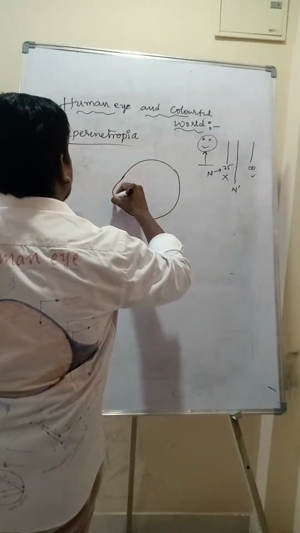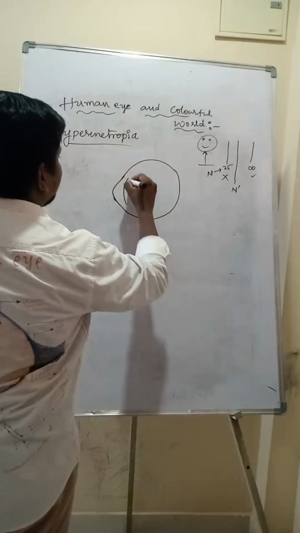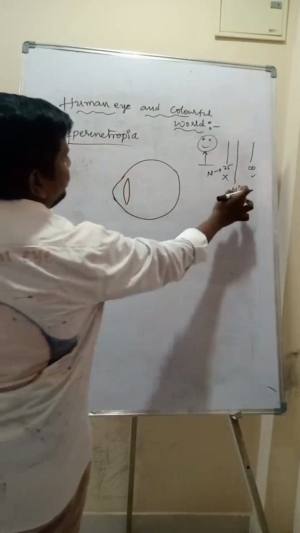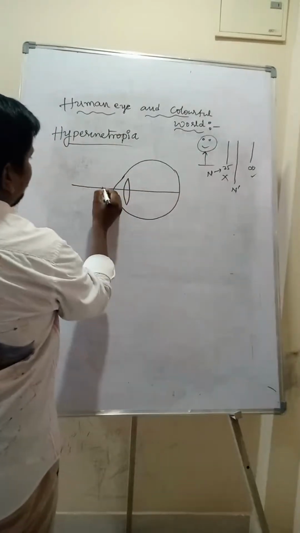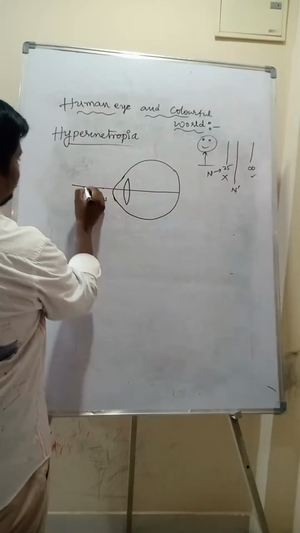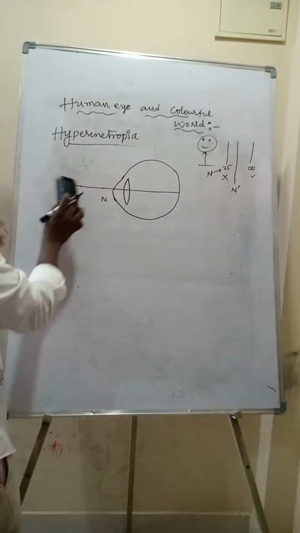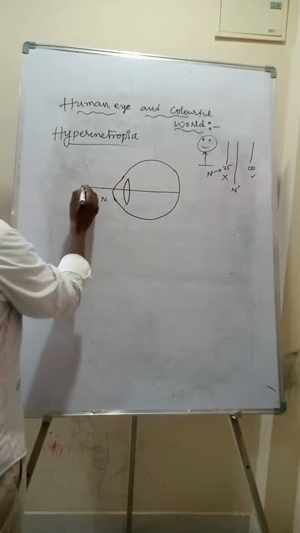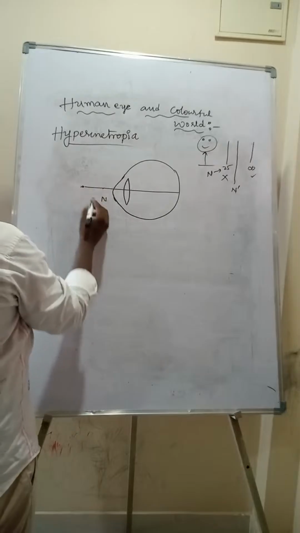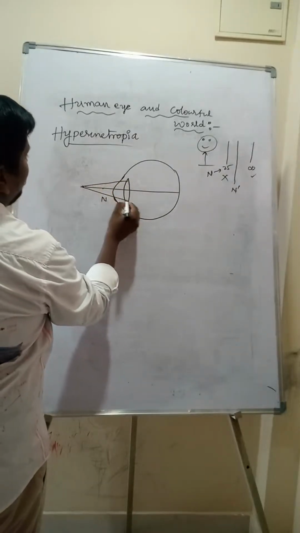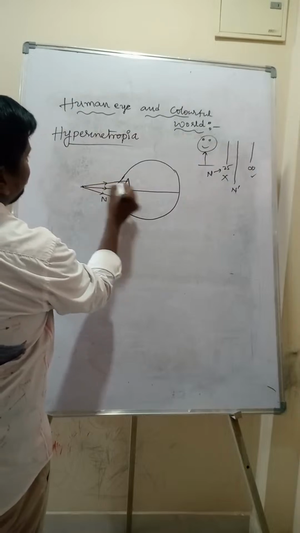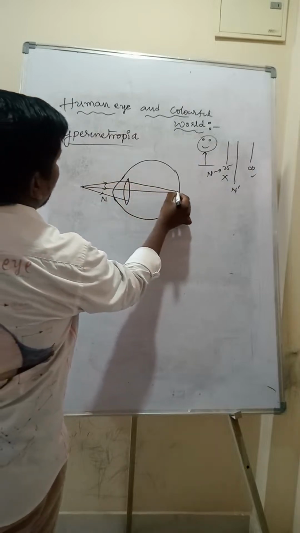If the light rays are coming from beyond 25 centimeter, this is the 25, then beyond 25 you can see. You can see this point, this is n dash. So light rays are coming from this point. I am considering this one. From here you can see.